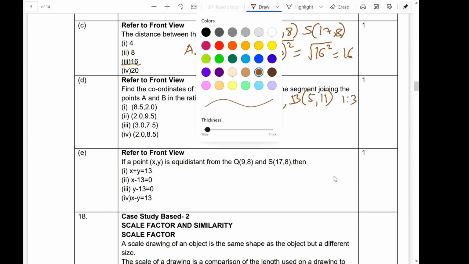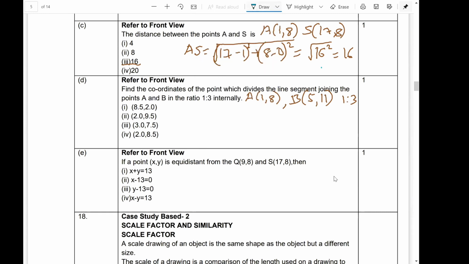So you can find the x coordinate and the y coordinate. X coordinate will be m1 x2 plus m2 x1 divided by m1 plus m2, that is 1 into 5 plus 3 into 1 upon 1 plus 3. That will be 5 plus 3, 8 by 4, that is equal to 2.